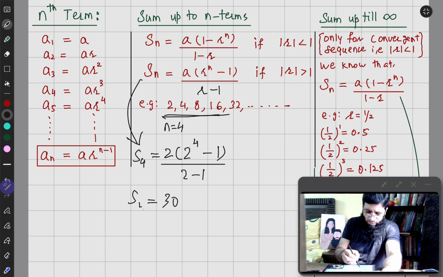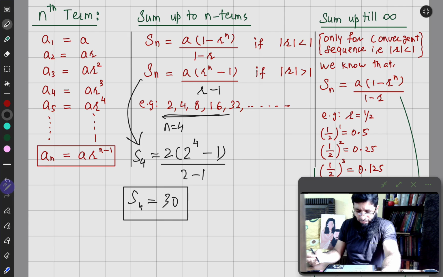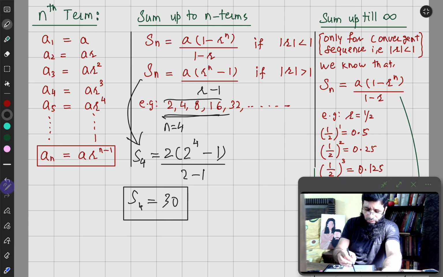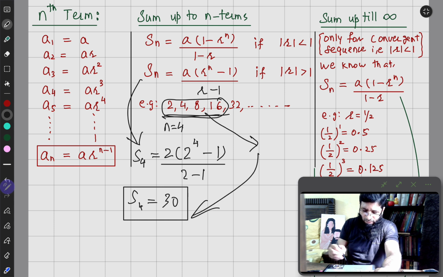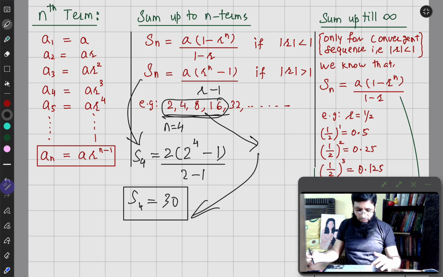So if you add the first 4 terms of this sequence, you are getting 30, and you can verify this calculation. If you add the first 4 terms of this sequence without using this formula, 16 plus 8 is 24, plus 4 is 28, plus 2 is 30. So you will get the same number if you add these 4 terms.